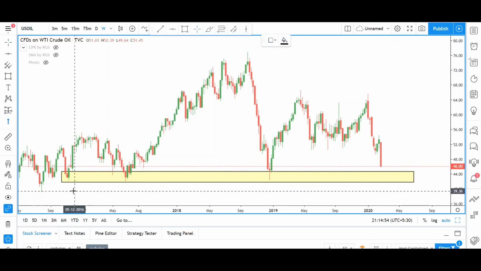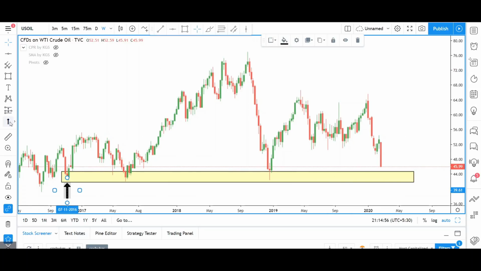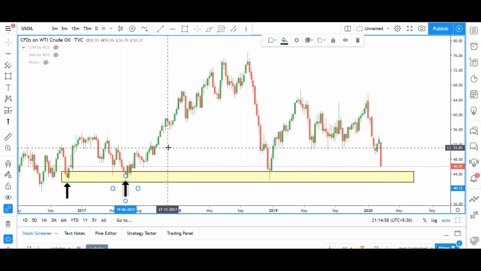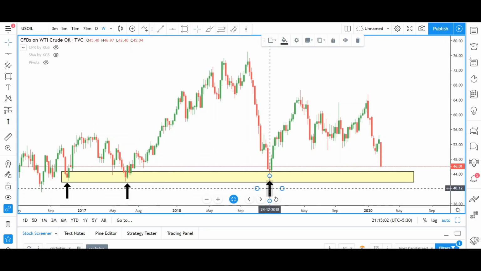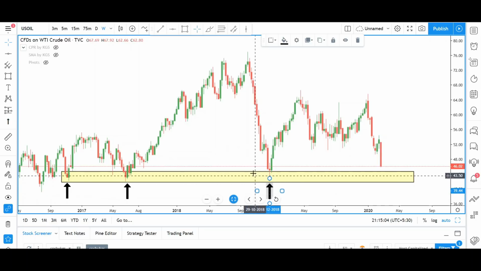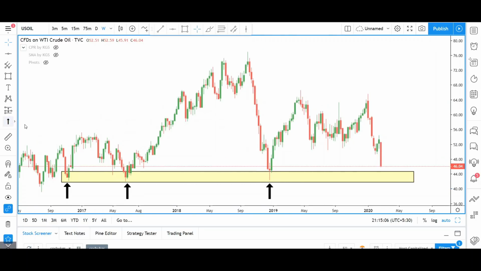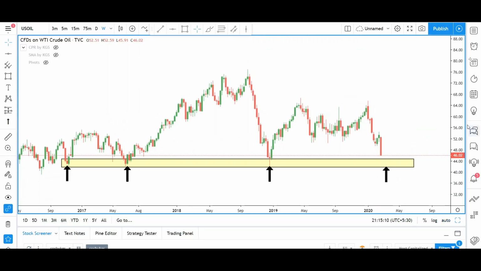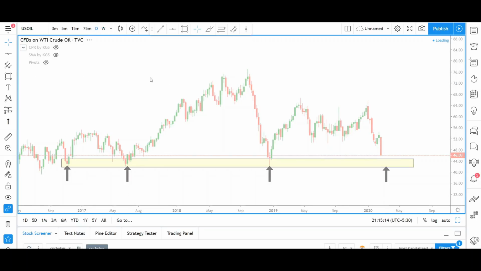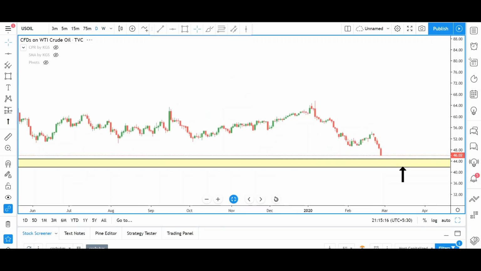See, here there is a support, and here there is a support, and here there is a support. So once again crude oil may take support here. This is what happened and this is what is happening in crude oil.